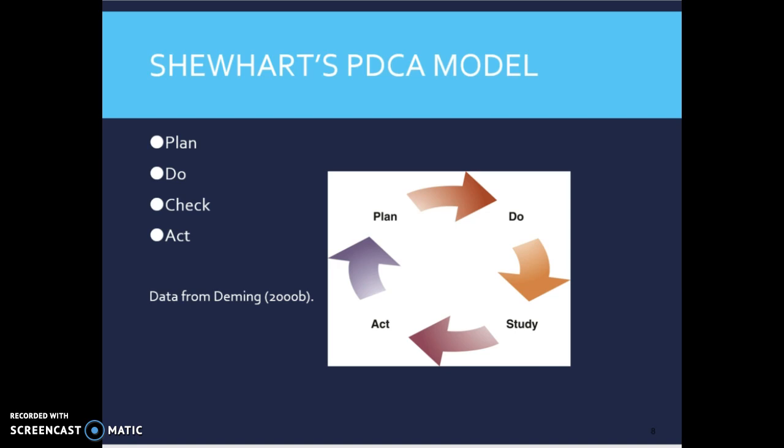Many of you may have seen some of these actions in other courses before, but when you have a new issue that you want to put a rapid improvement process in place for, your team would sit down, plan the new improvement, do, implement what you're going to do, study what the result is from that intervention being changed, and then based on those results, make a decision whether further actions are needed or further planning needs to go into it, in a cyclical fashion so that you're ongoingly improving a process.